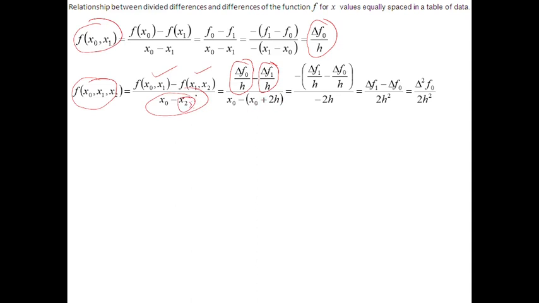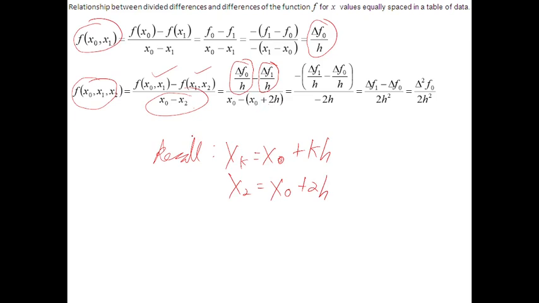Recall that x sub k is equal to x sub 0 plus kh. So if k is 2, that is x sub 0 plus 2h. x sub 2 is x sub 0 plus 2h.